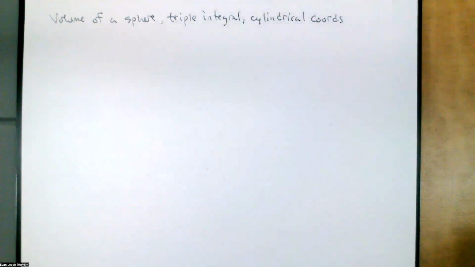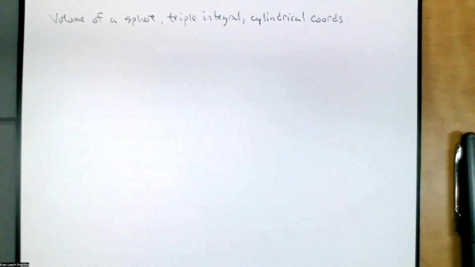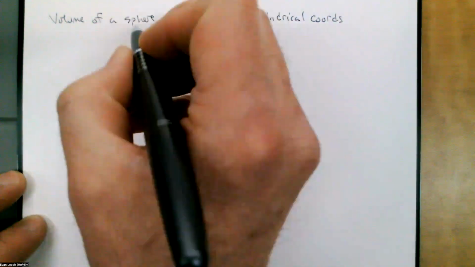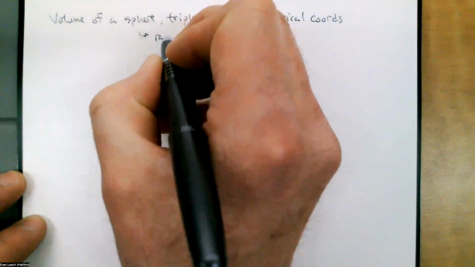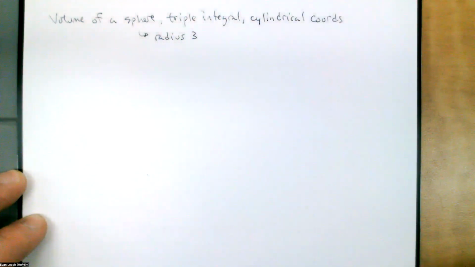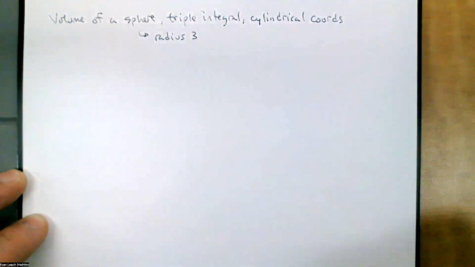Let's revisit that volume of a sphere with a triple integral in cylindrical coordinates. So if you recall, we were dealing with the sphere. I can't remember if I used R for a radius or I used a number, but today we're going to use a radius of 3.